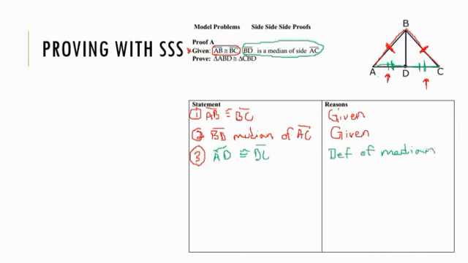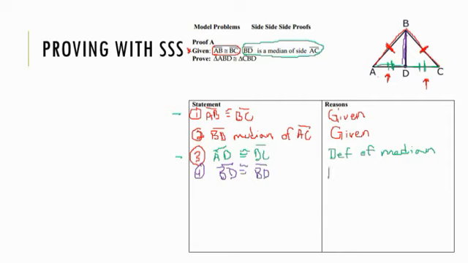All right, and just like that, I'm on my way. I have one side, two sides. I need a third side. Well, I can also say over here, BD is obviously equal to itself, BD. So I'm going to write BD is congruent to BD.